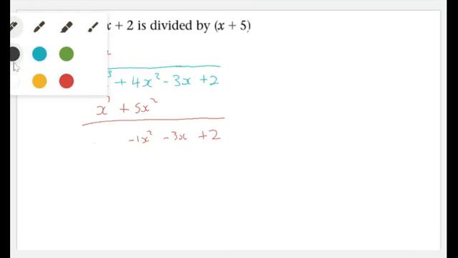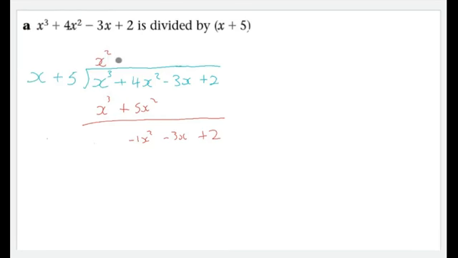Then we go again. x into minus 1x squared is minus x. Minus x times x is minus x squared. Minus x times 5 is minus 5x. Subtracting, we get 0 x squared. Minus 3 minus 5 is minus 8, so that's minus 8x... we drop down the plus 2.